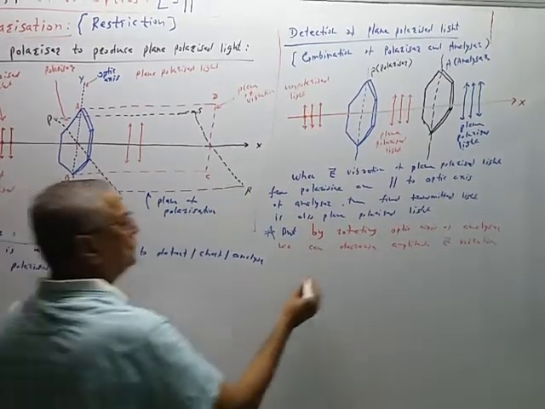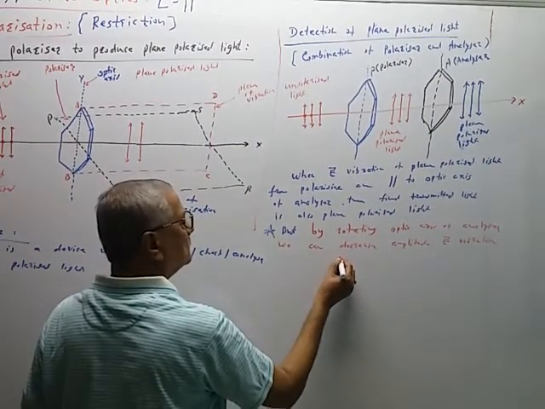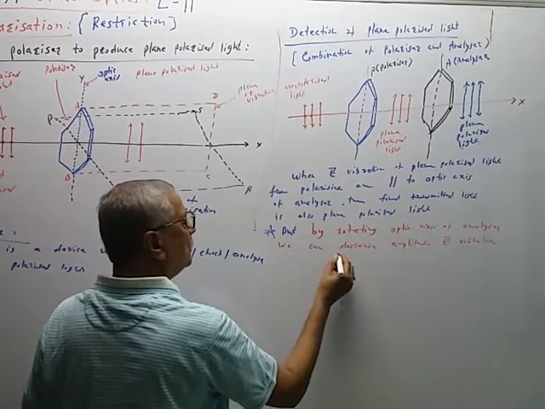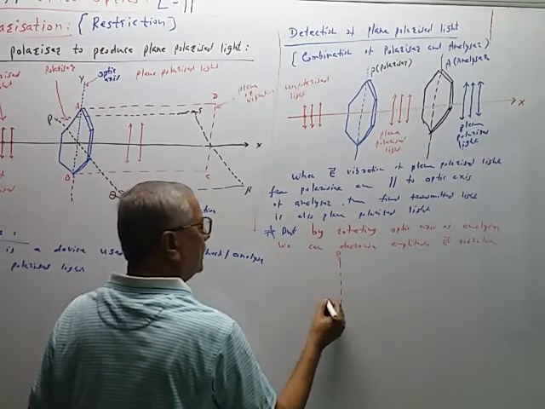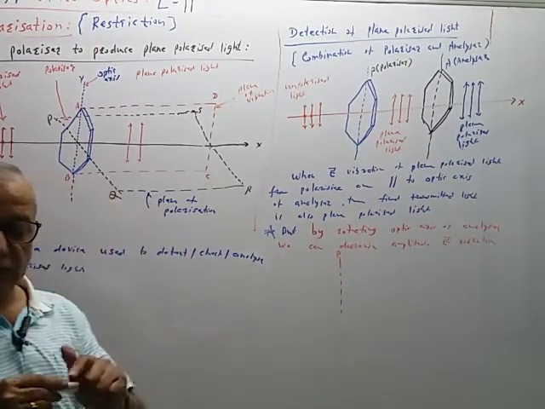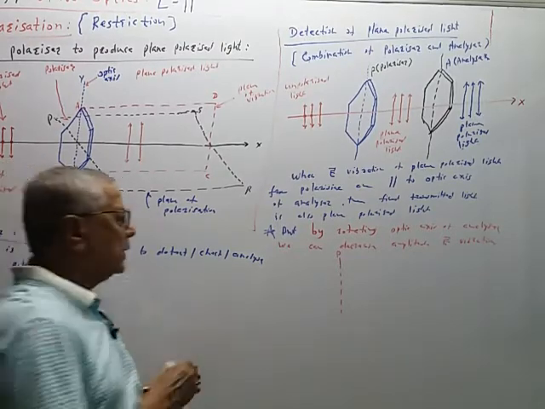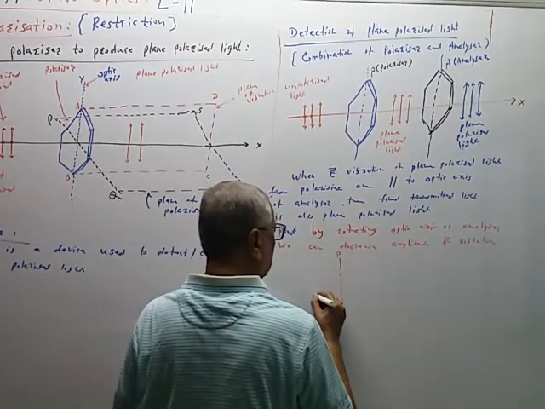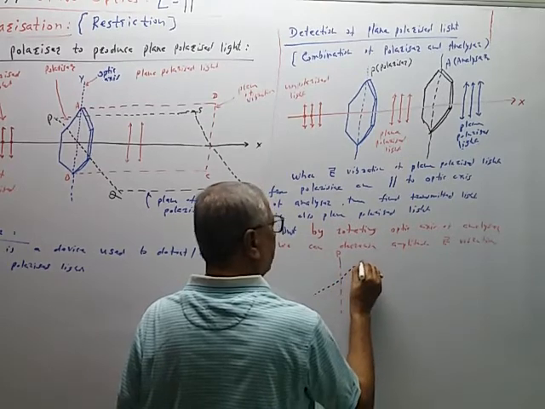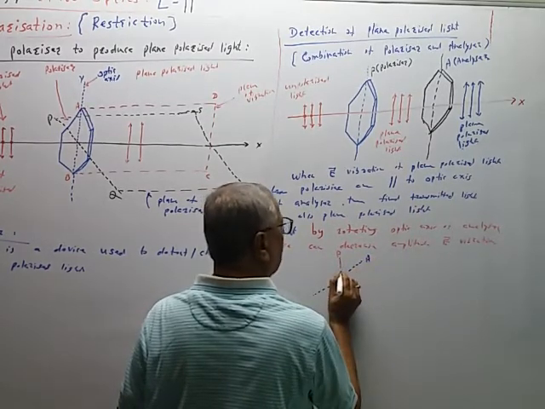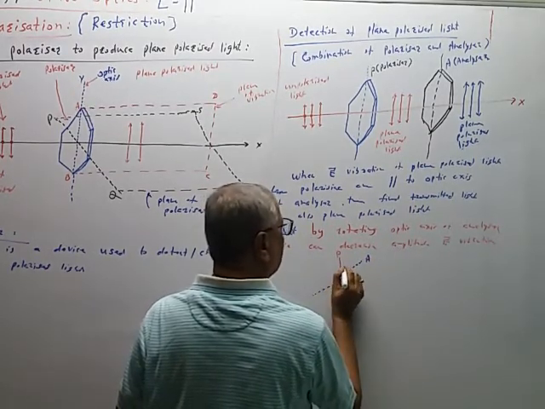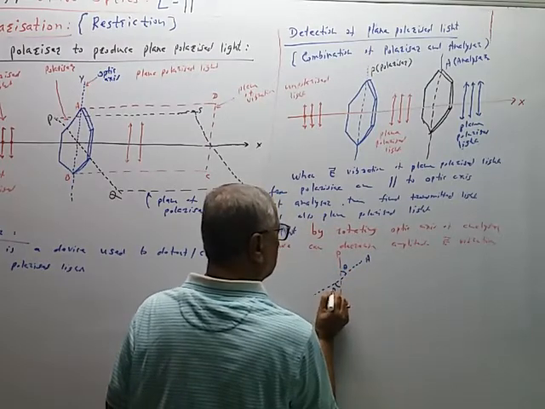Now, if this is the P, if this is the E, these are the axes and they are oriented at some angle theta.